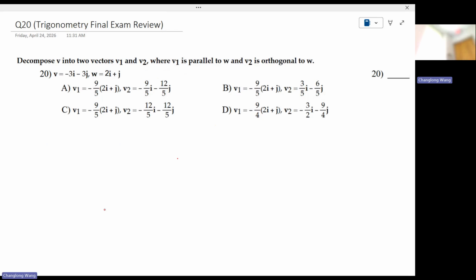You find a projection, right? You project V onto W to get V1, which is the parallel component to W. And then you subtract that from V to get V2, which is the orthogonal component. And therefore, you see from the options A, B, C, they all have the same exact V1. And V2 is a bit different because they were expecting you to make this little error.